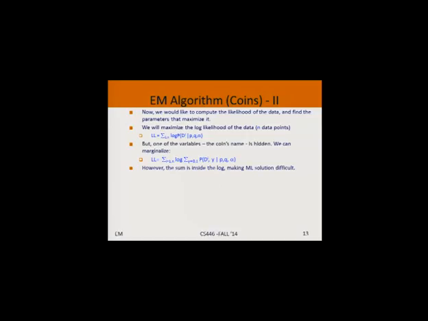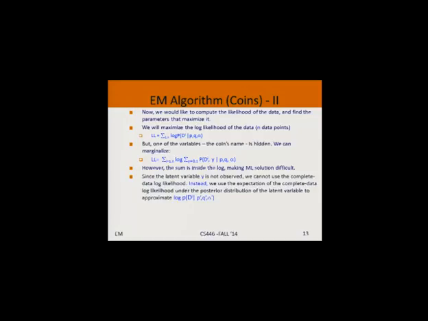So in principle, we know what we want to do, but this problem turns out to be hard. It turns out to be hard because the log is inside. So what we're going to do here, and we can give two explanations for it, this explanation is a little bit weak. I'm going to show it in a more formal way a little bit later. But basically, since this y is not observed, we really can't use the complete data log likelihood, which is these things.